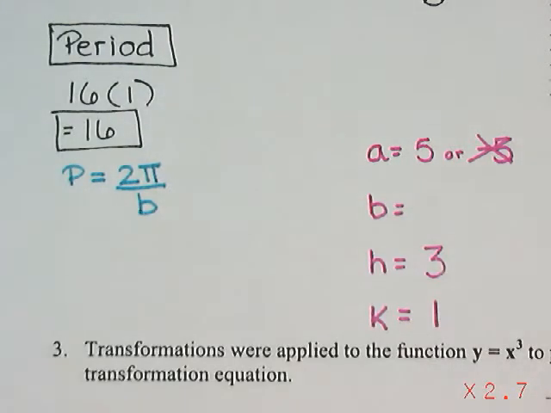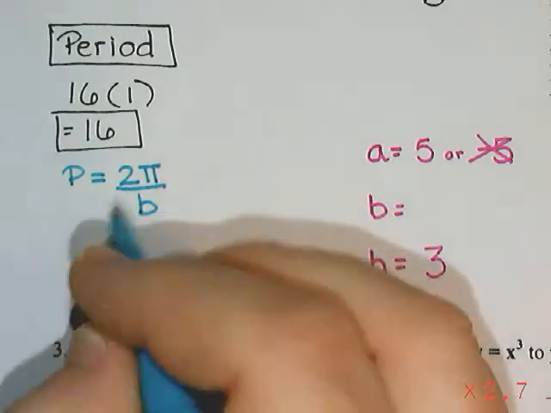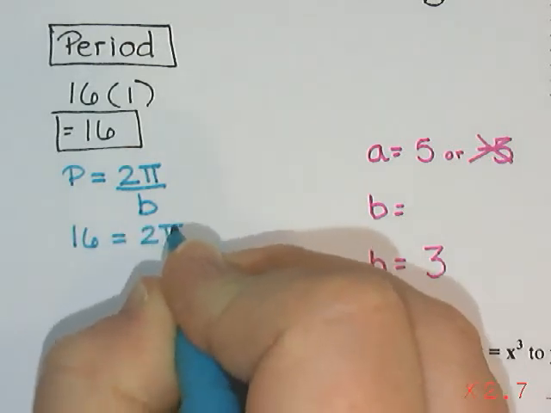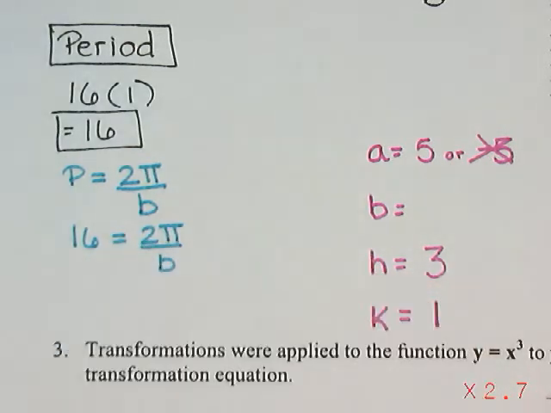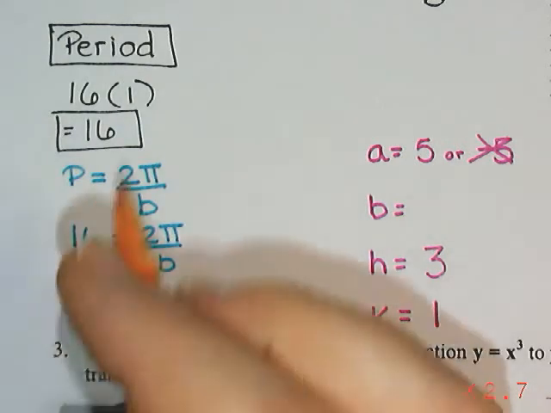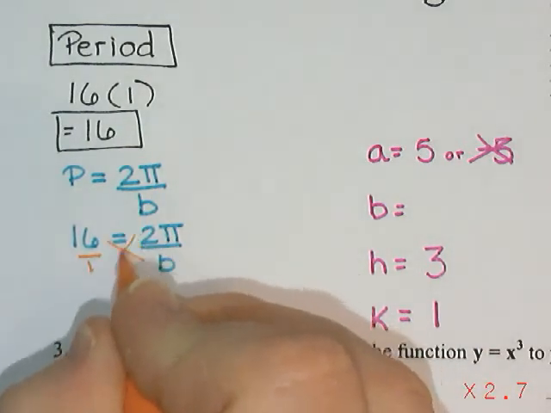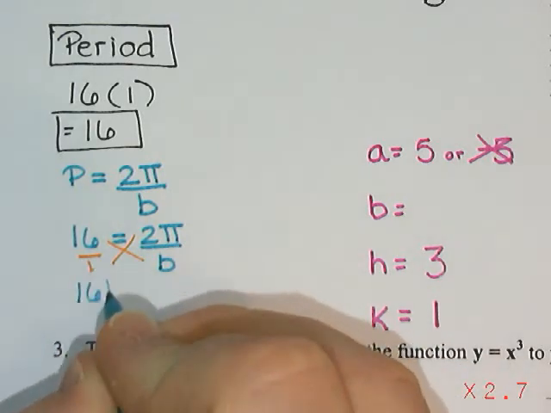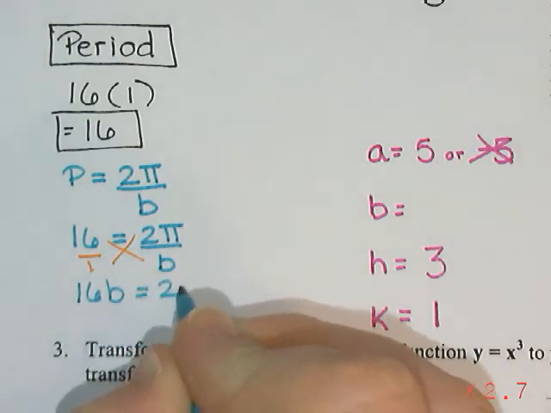So sine and cosine have a regular period of 2 pi. So I know my period here is 16, and that equals 2 pi over b. And then I would cross multiply to get the b out of the denominator. So I would get 16 times b equals 2 pi.